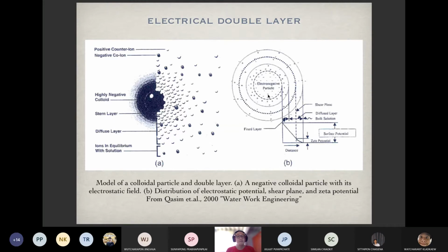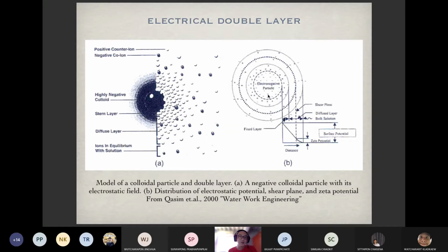Still not powerful enough. If we want to neutralize with a powerful coagulant, we should use the one which provides plus 3 or plus 4, but plus 4 according to the periodic table may not be available or effective for use in the water treatment plant.